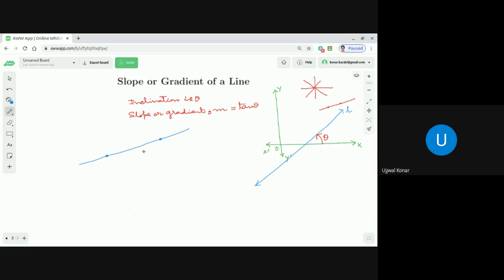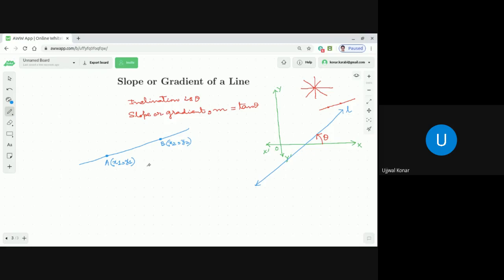The equation of the straight line is also not given to us, but it has been informed to us that the straight line is passing through 2 points. One point is x1, y1, and the other point is x2, y2. Can we find the gradient of this line? We can say yes, we can.